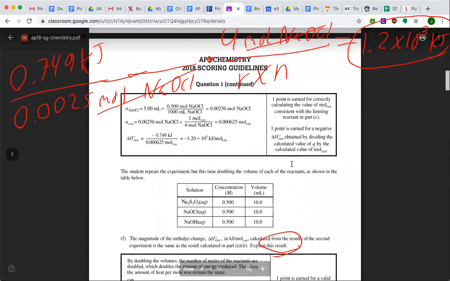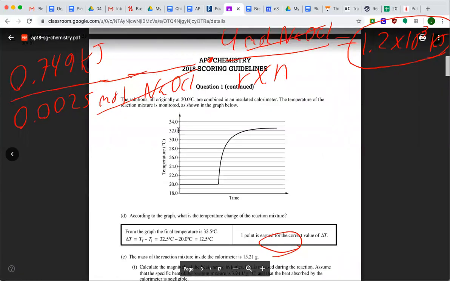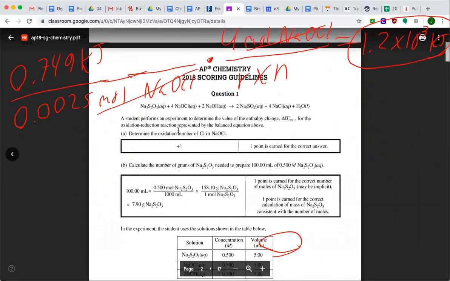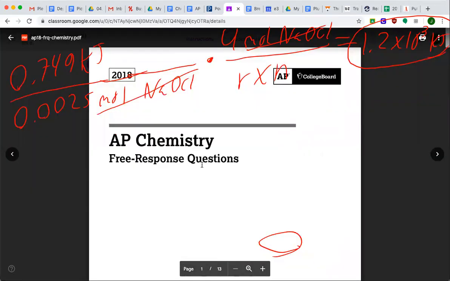Aha, there we go. Yep, 1.2 times 10 to the third kilojoules. Okay, and per reaction, or per mole reaction. That's fine. All right, so let's open this test back up and continue on.